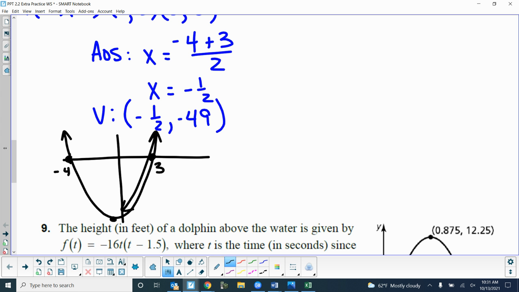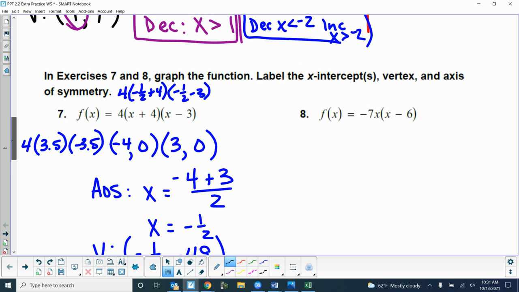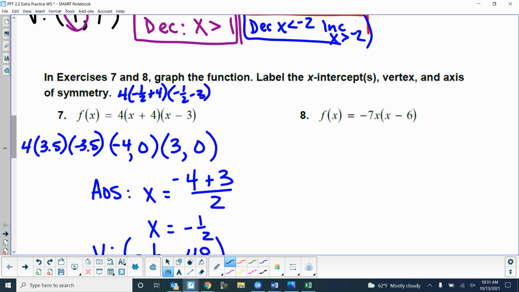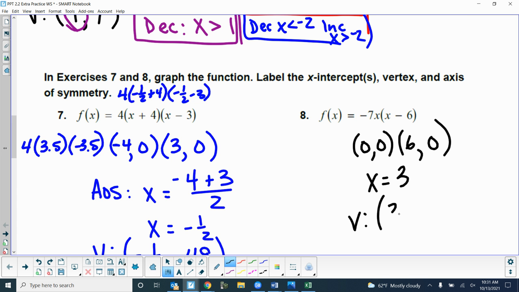Number 8. Again, you just set them equal to 0. So -7 times what is 0? 0, right? And what minus 6 is 0? Or what's the opposite? 6, right? So there's my x-intercepts. Axis of symmetry is halfway between those. What's 0 plus 6 divided by 2? 3, right? So then the vertex is 3 something.